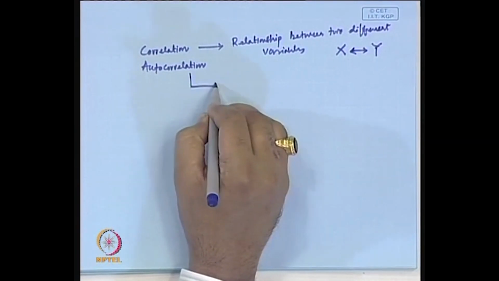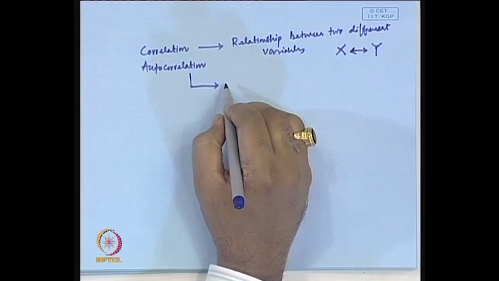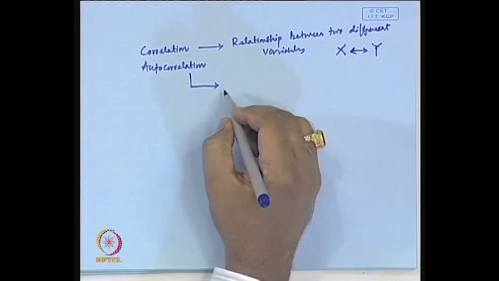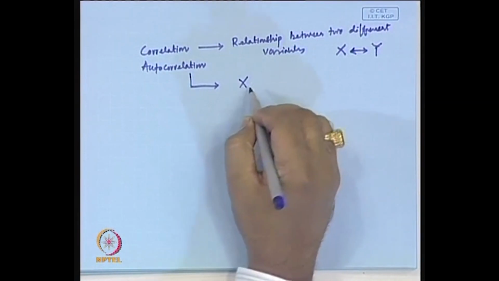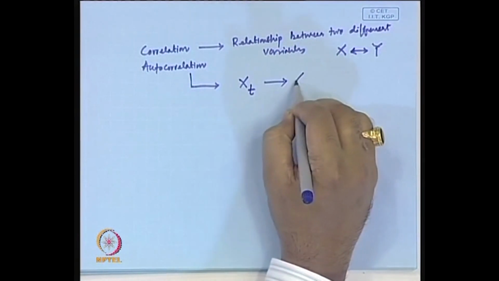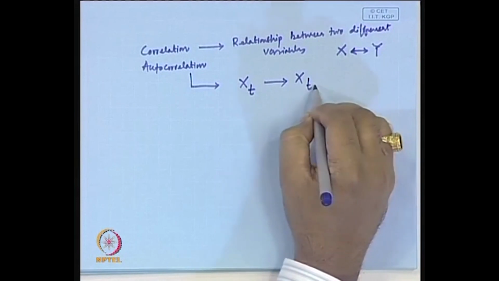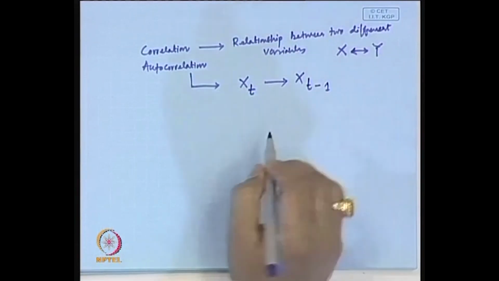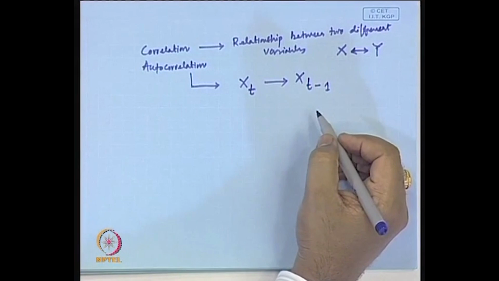But whenever we talk about autocorrelation, what do we test? We test whether x in period t is related to the lagged value of that same variable, which can be denoted as x t minus 1.